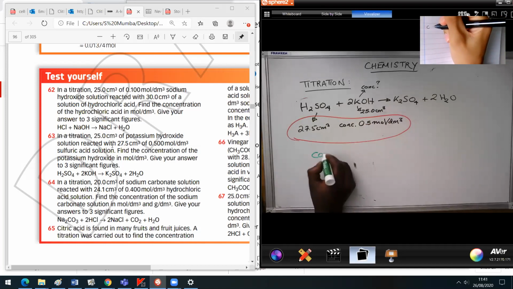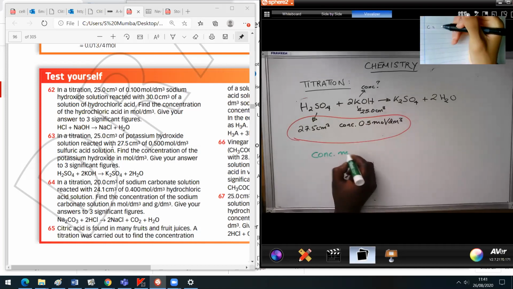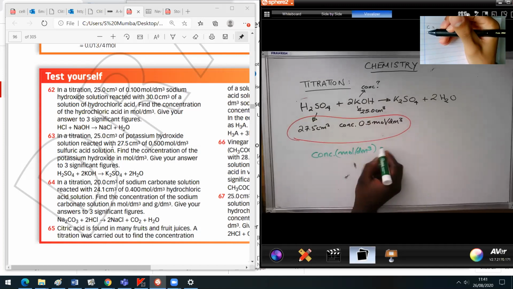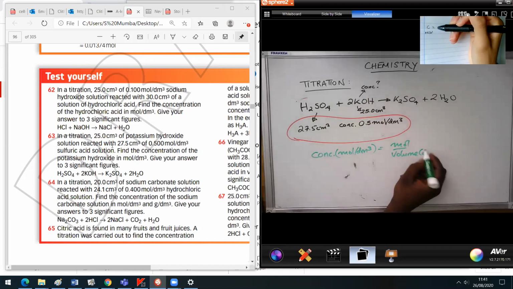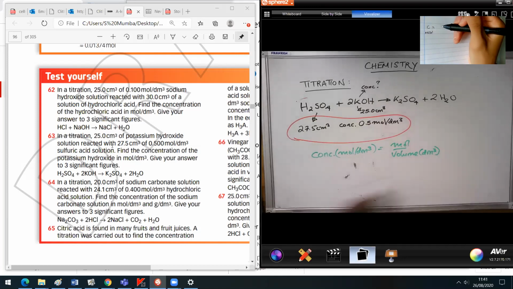It tells us that concentration in moles per decimeter cubed is given by the moles of solute divided by the volume. And this volume, let's not be caught out, must be in decimeter cubed as well. Yeah. Okay, so we rearrange our formula to work out the number of moles of sulfuric acid. So how do I rearrange? What does that become if I rearrange it?